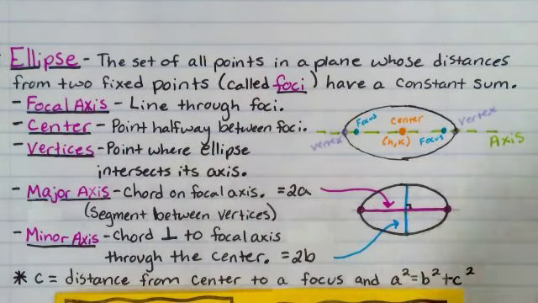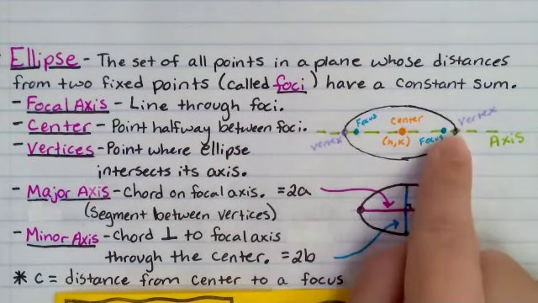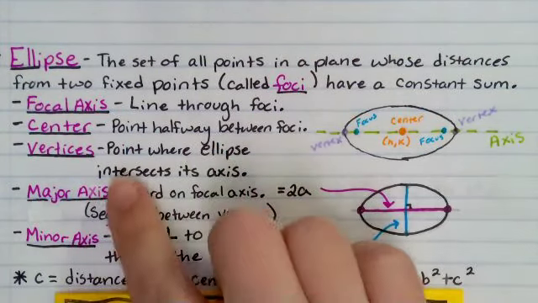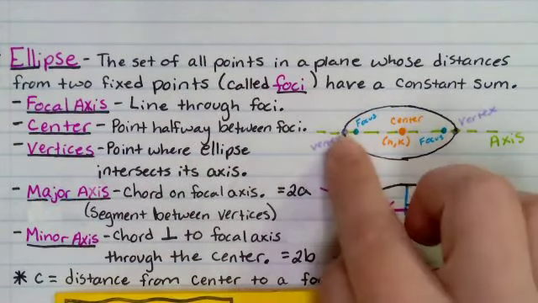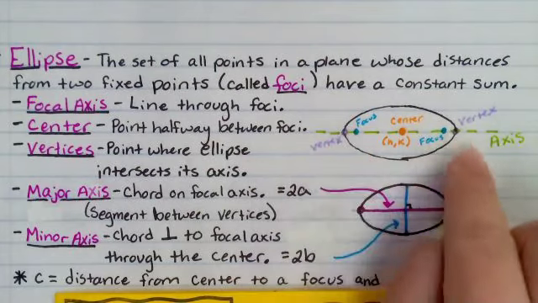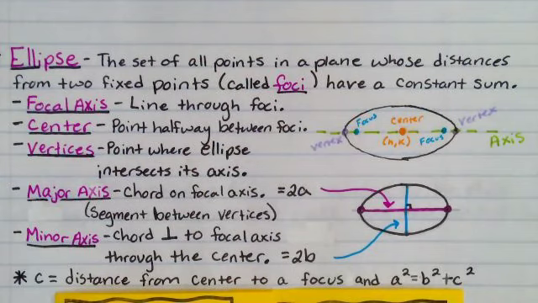Your center is the point that is halfway between the foci. It's also halfway between the vertices, so that's fun. The vertices are the points where the ellipse intercepts its axis. So you're seeing that over here on either side. And then we have two different axes that we're going to study here.